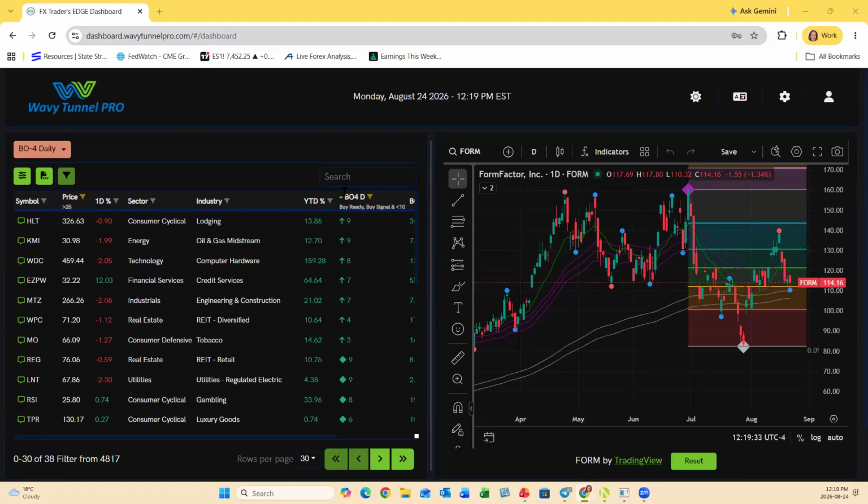And this is the Breakout 4 daily. So this updates automatically. There are 38 daily stocks on this. Not all of them are going to be great candidates for trades. For example, this one up here happened 9 candles ago, so this is an old one already.